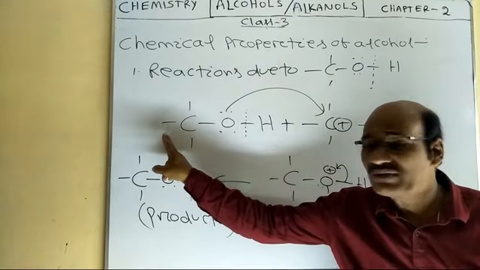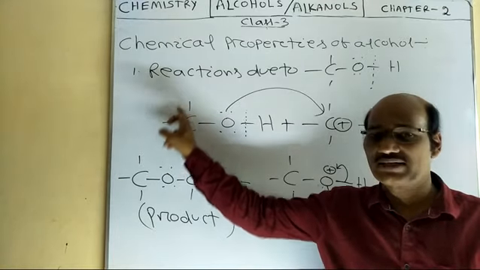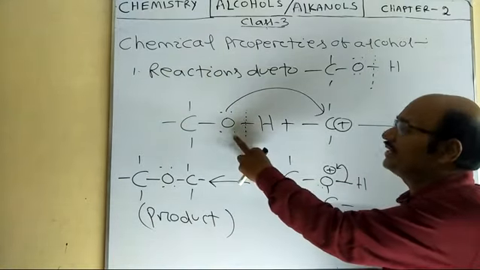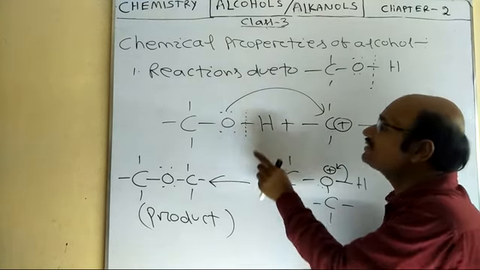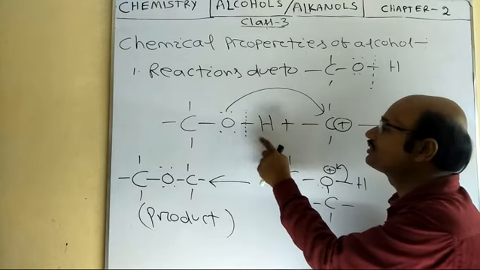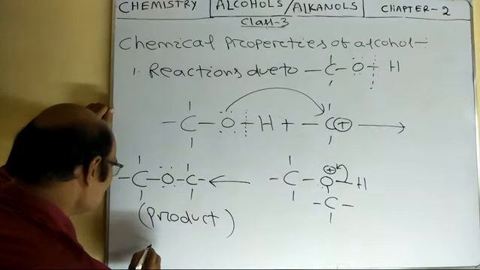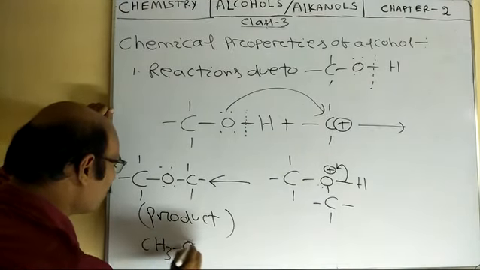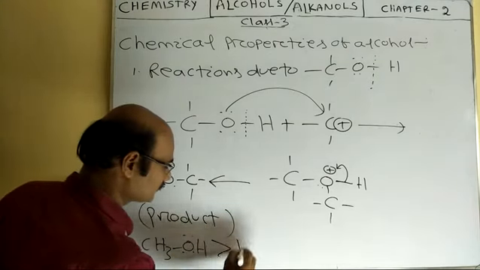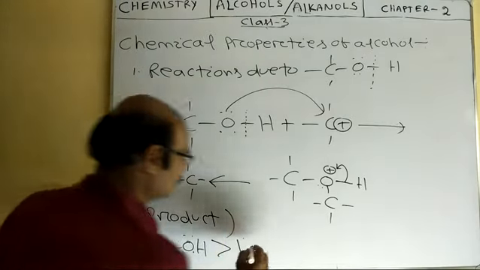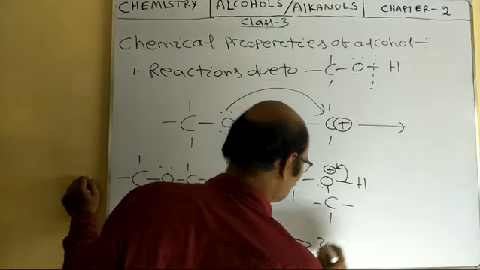When we have fewer alkyl groups, if only one alkyl group is there or only hydrogen atoms are there, then this center becomes less negatively charged. So the chance of detachment of this O-H bond becomes easier. So what we can say is, CH3OH is more reactive than primary alcohol, which is more reactive than secondary alcohol, which is more reactive than tertiary alcohol.